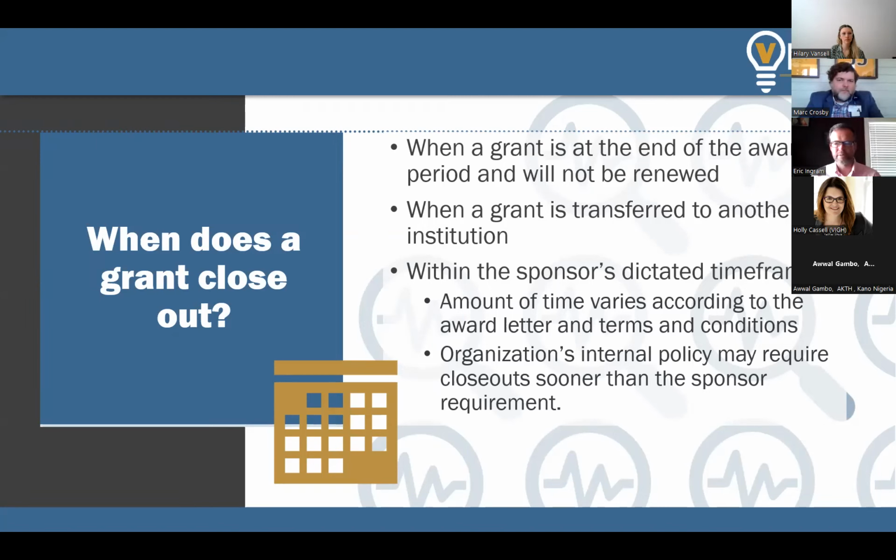So think about these sponsors are granting funds, it could be $100,000, it could be $1 million to your organization, and they're bringing those funds expecting that a certain set of milestones or work is completed at the end of a certain period. And so what they want to see is at the end of the period, they want to have a report back to them showing exactly how much that project cost to the organization.